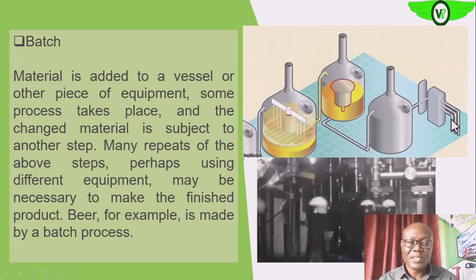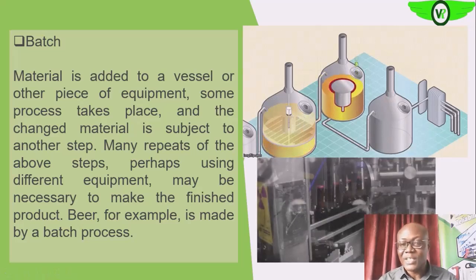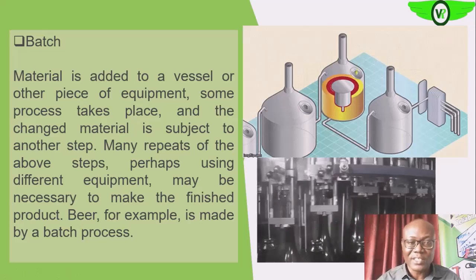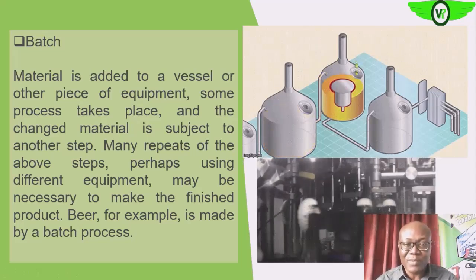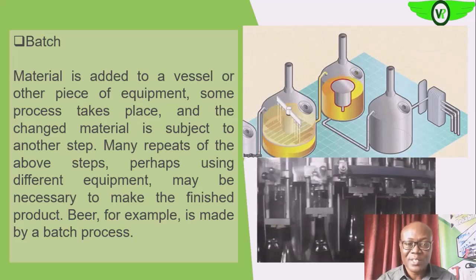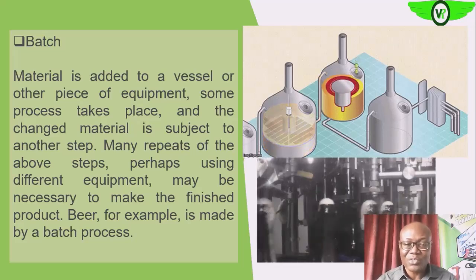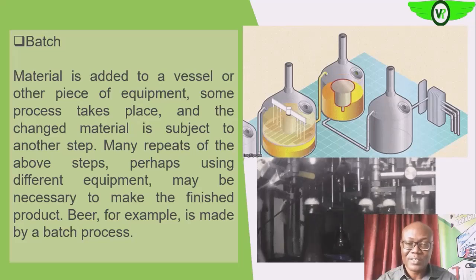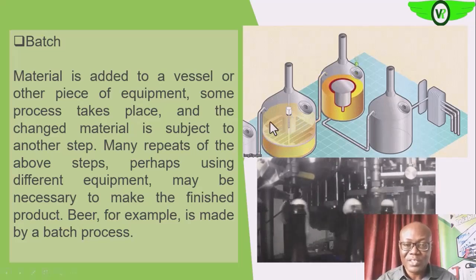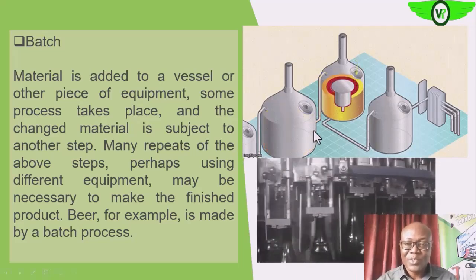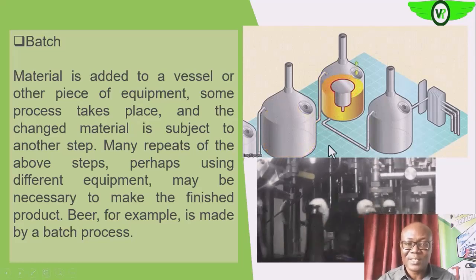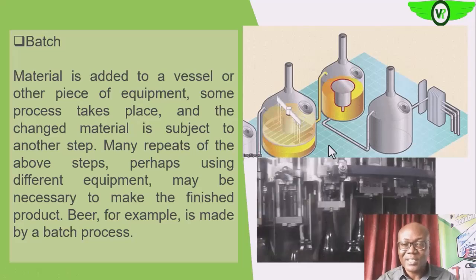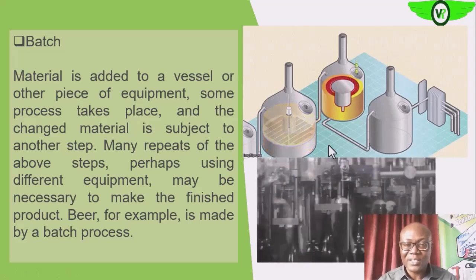So a notable example of an industry that is engaging in this kind of process, this batch process, is the beverage or beer industry or the soft drink industry, okay. So you see that the raw materials could be mixed at a certain stage, heated at a certain stage, filtered at a certain stage.